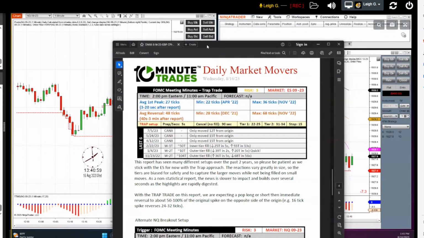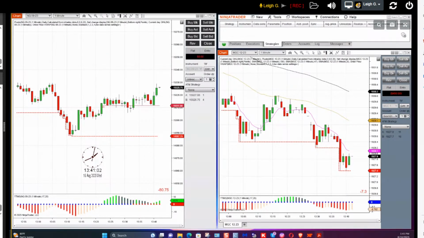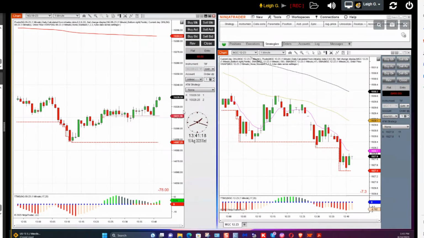So at the moment, we're not feeling very bullish on the trap trade, and the NQ trade at best has been very, very inconsistent. So it's unfortunate, this is a report that under normal conditions I like to trade for dramatic, potentially big profits.